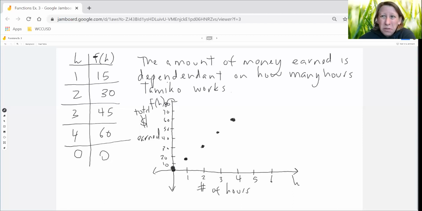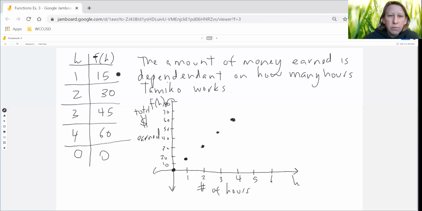Well, it depends on the employer and how the money is calculated. If she gets paid for half an hour, maybe you could fill in the dots right here. Is she going to get paid for like 3 minutes? Probably not. So in this situation, I am not going to connect the dots. The domain is limited to whole numbers, so it's not going to get filled in between the whole numbers.